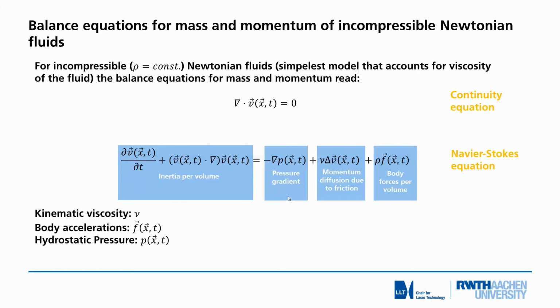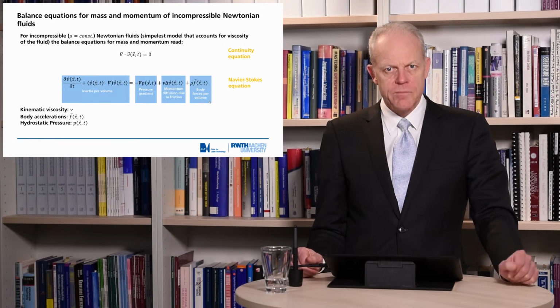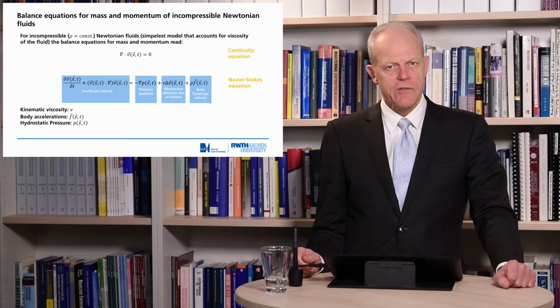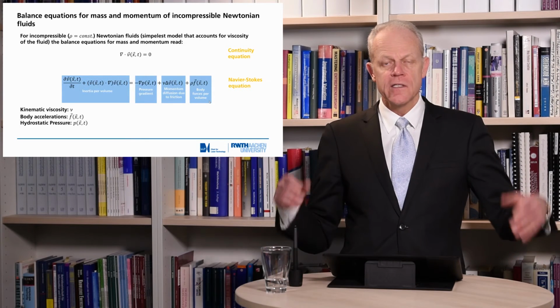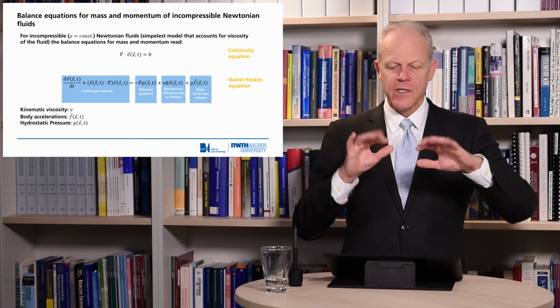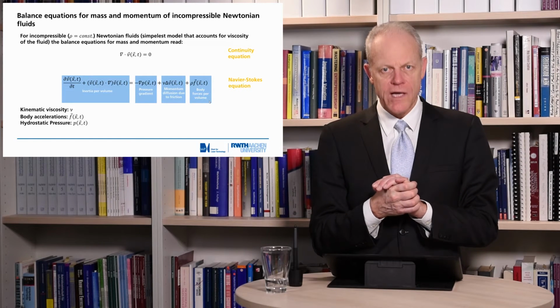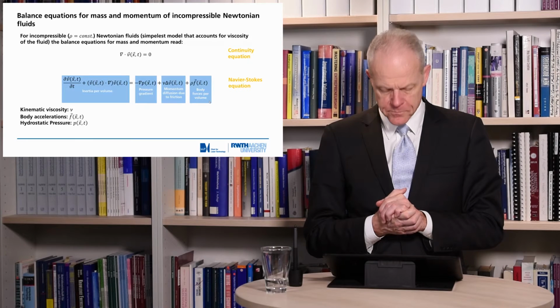One is the pressure gradient, one is the momentum diffusion due to friction, and one is due to the body forces in the individual volumes. Now, all of these equations are quite complex, and they only in very special cases can be solved analytically. So what people usually do is they take the equations, take the boundary conditions, put it on a computer, and get wonderful colored pictures of the behavior of the melt. But that describes it completely and very well.